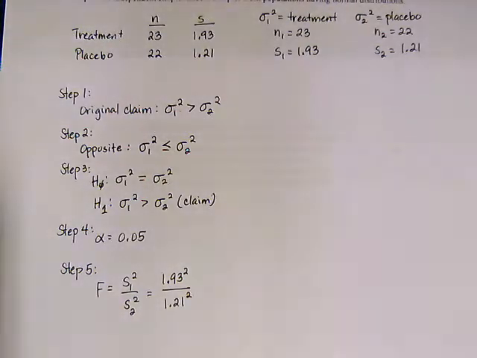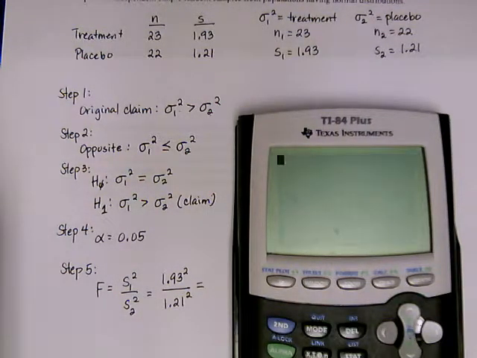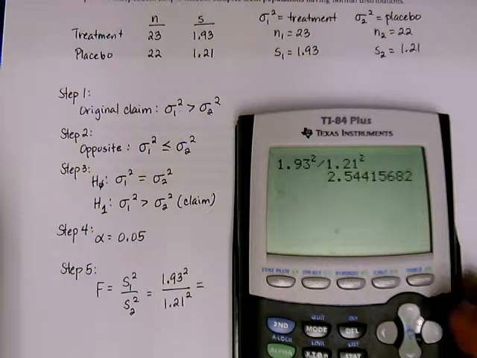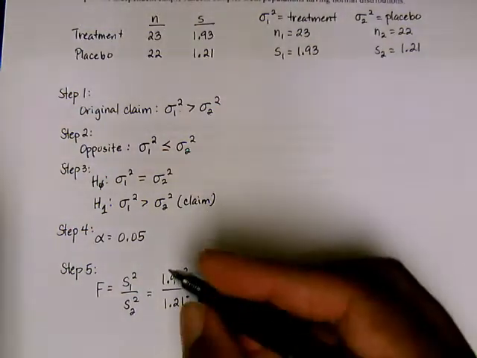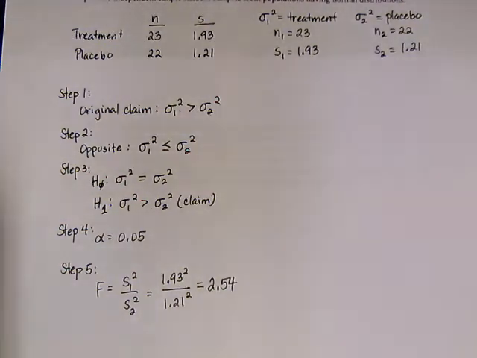And it'll be 1.21 squared. And using the graphing calculator, if I do 1.93 squared divided by 1.21 squared, you'll get 2.54415682, but to two decimal places, it'll be 2.54. So your test statistic here is 2.54.